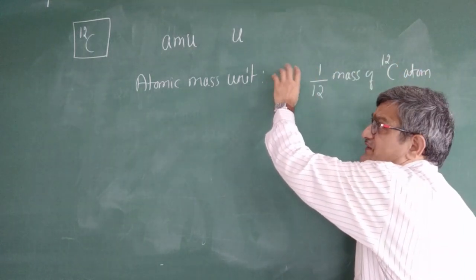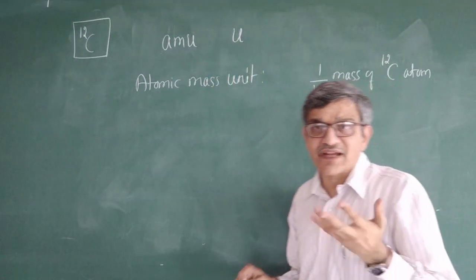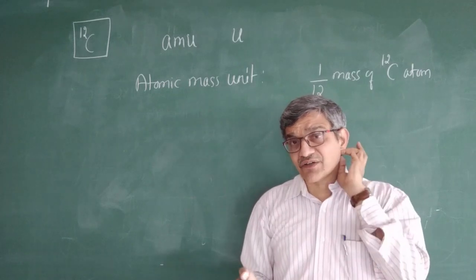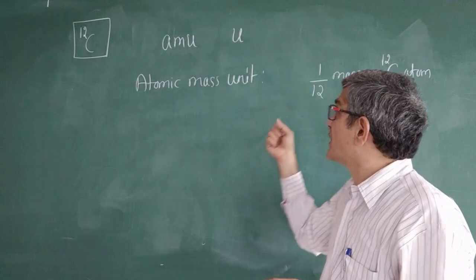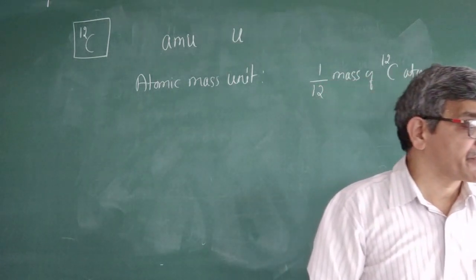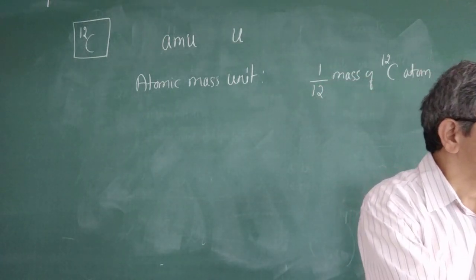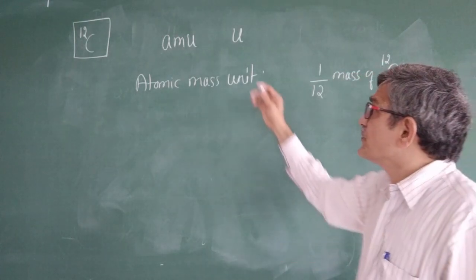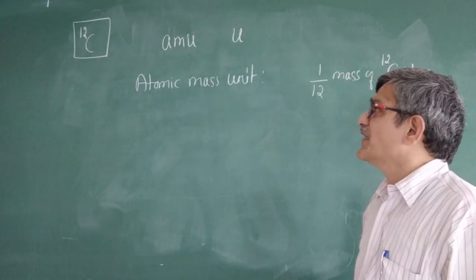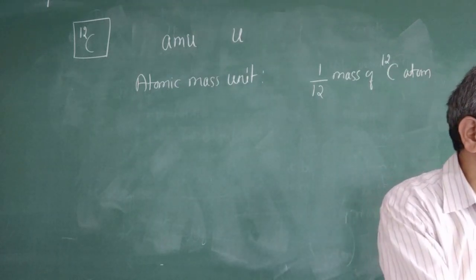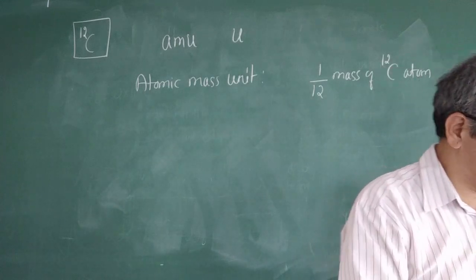When you multiply that, it gives you the atomic mass of that atom. So that is nothing but the atomic mass unit. Okay. Nowadays it is replaced with the unified mass. So there is a relation between atomic mass and the unified mass.